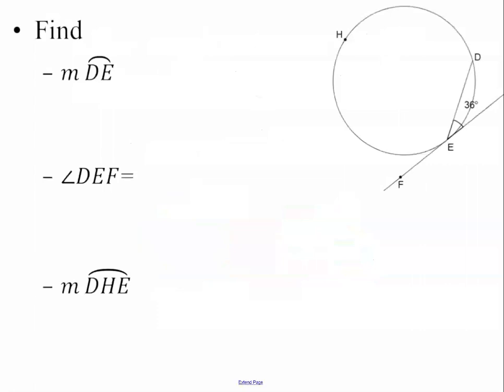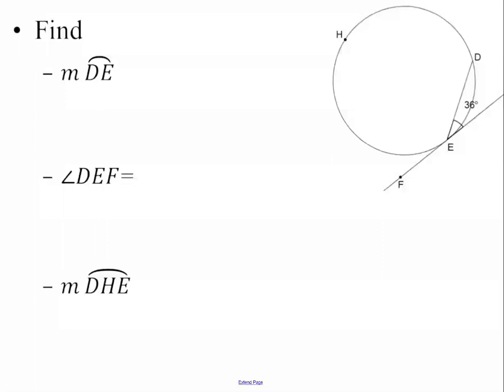First we're finding the measure of arc DE, which is over here. I'm going to erase that for a second because I just drew over the number we're given. Sorry about that. So we're given this angle right here, and that angle is 36 degrees.